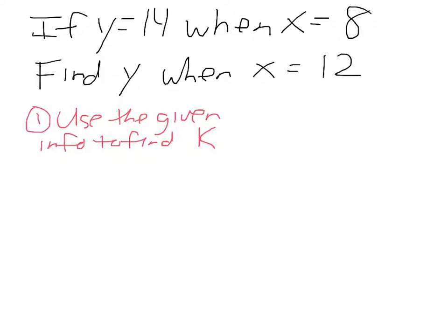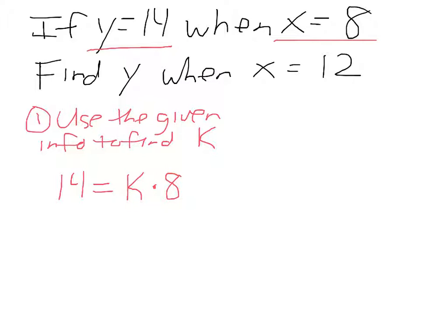Am I given a y and an x that I could use? What am I given? 14 and 8. So I'm going to plug that into my equation of variation. 14 equals k times 8. Right? Does that work? Yeah.